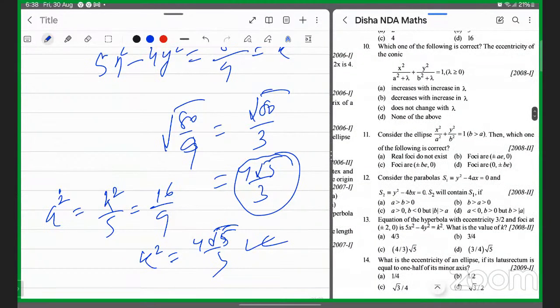Consider S1 and S2. S2 will contain S1 if B greater than A, and A greater than 0. No problem. Okay, right? So B is the correct answer.